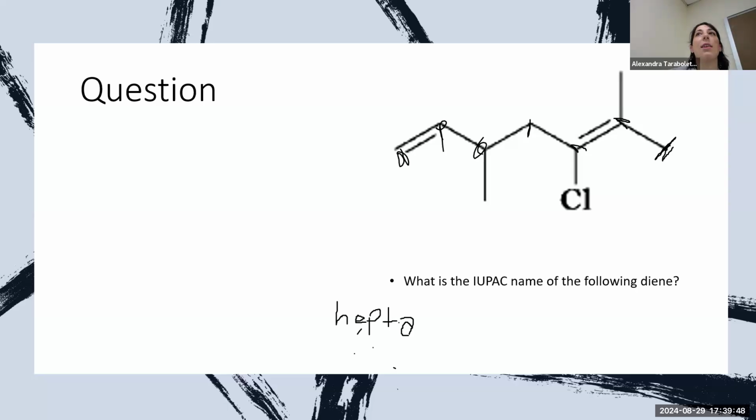Well, what about the second one? It'd be 1, 2, 3, 4, 5, starting at 5. We're always going to list where they start. So this is going to be hepta 1, comma, 5.